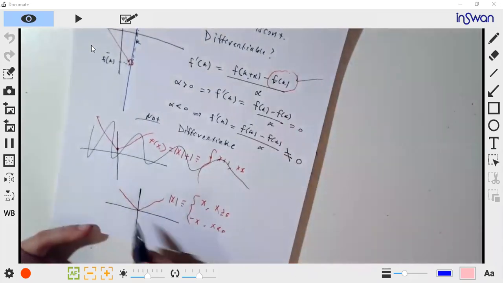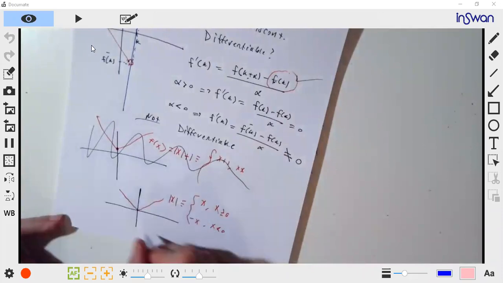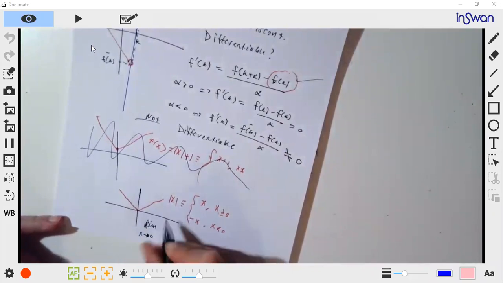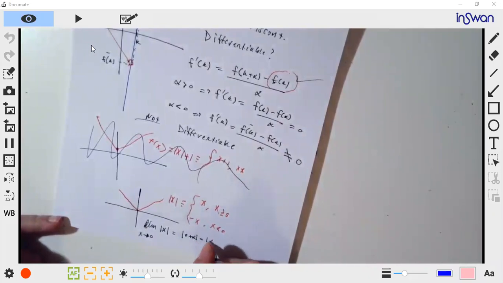Notice that it is a continuous function because the limit as x approaches 0 of absolute value of x is equal to absolute value of 0 plus alpha, which is equal to the absolute value of alpha.